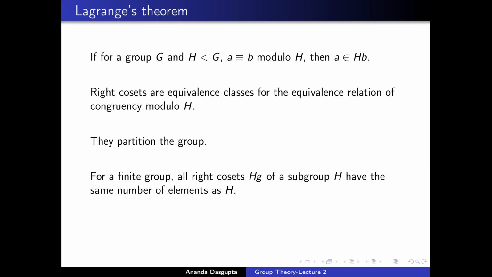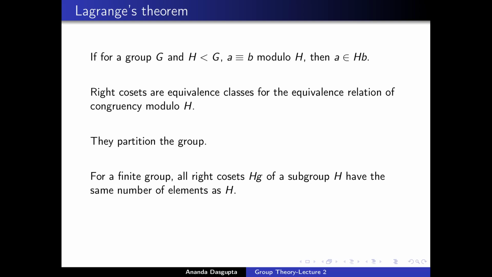This means that there can be no repeats. Hence, all the K elements in the coset that you get, H1G, H2G up to HKG, are all distinct elements. So hence, the number of elements in the coset is exactly the same as the number of elements in the original subgroup capital H.